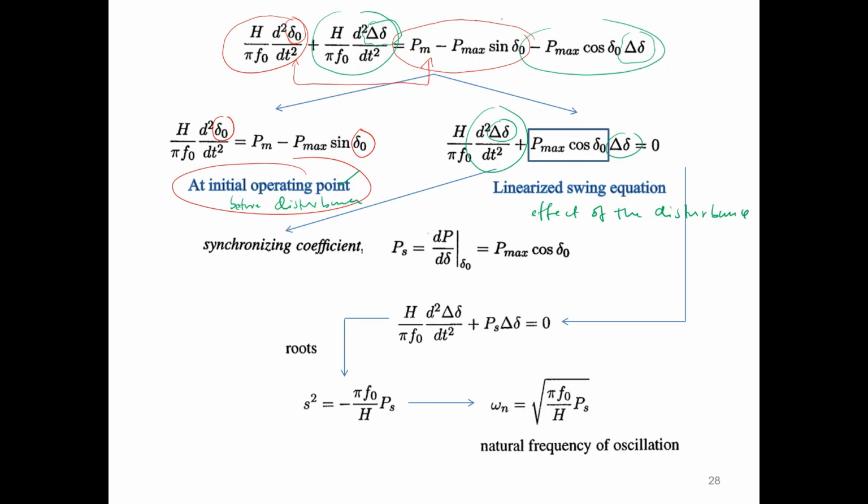If you learned from circuit and other classes, when you have a second order ODE there is a chance of oscillation. If you have appropriate damping, the response will reach the steady state without any oscillations. So this second derivative term would create the oscillation, and you need some terms to damp it.